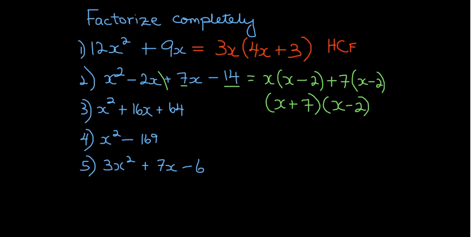So you will notice that you have x minus 2 in both of these terms. Here, your common factor is not just a monomial, a single term all by itself. In these cases, the common factor is a binomial. So that's why when you factorize completely, you can factor out this x minus 2.